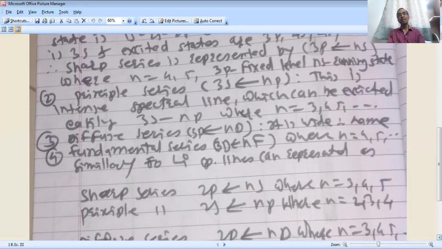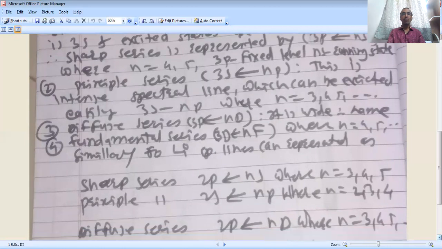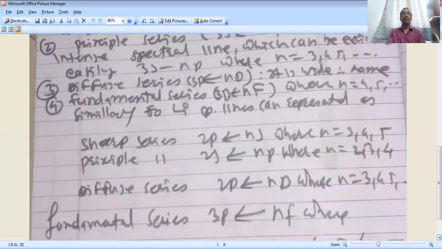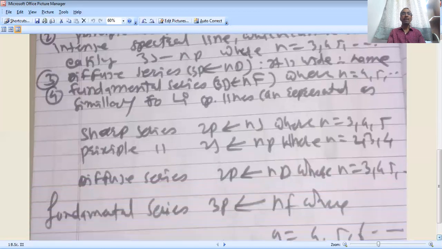Similarly, for lithium the spectral series can be represented as follows. For lithium, how many electrons are present? According to that, there are transitions from nS to 2P, the first series, sharp series, where n equal to 3, 4, 5.